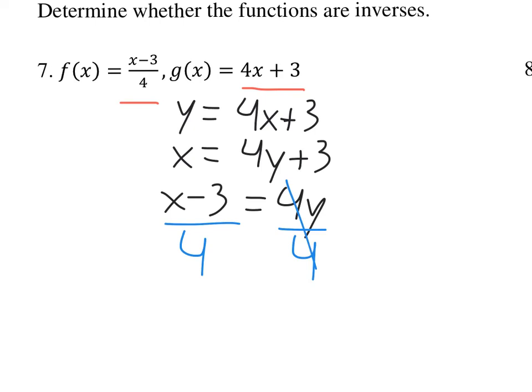If we go back and look at our f of x, it is x minus 3 over 4 equals y. Here we have x minus 3 over 4 is equal to y. Because the final inverse of g of x is the same as the starting equation of f of x, these two are inverses of each other.